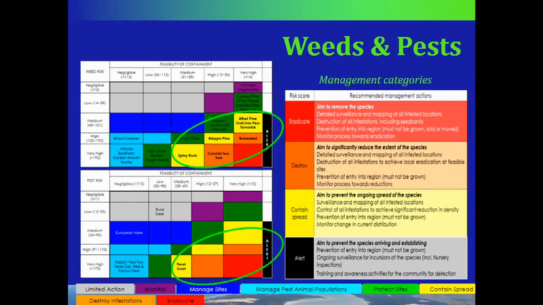We also thought it was important, given the nature of the region, that lots of tourists go there for one, and water flows downstream and can wash weeds down, to have an alert category where we listed a range of weeds that aren't in the region yet, but we know there's populations nearby or quite invasive that could spread into the region and have an impact.